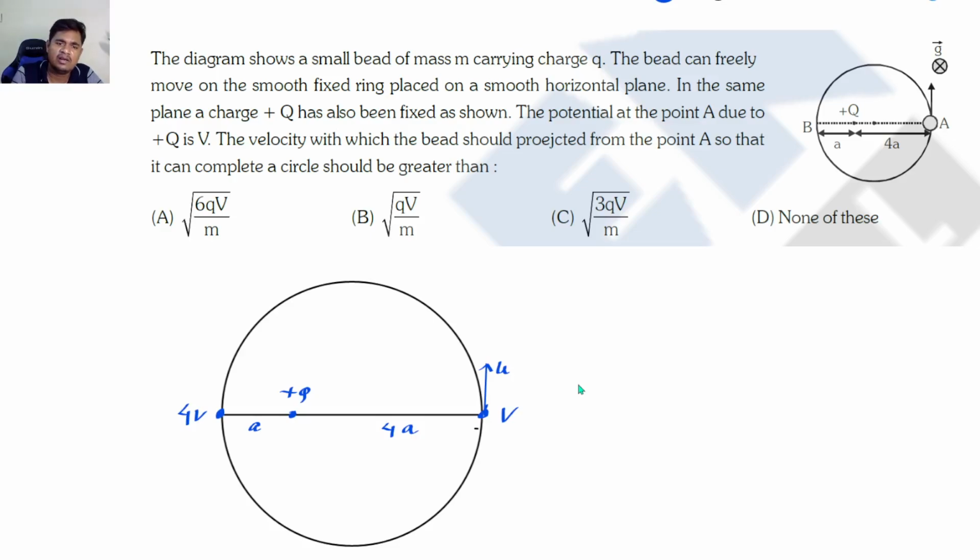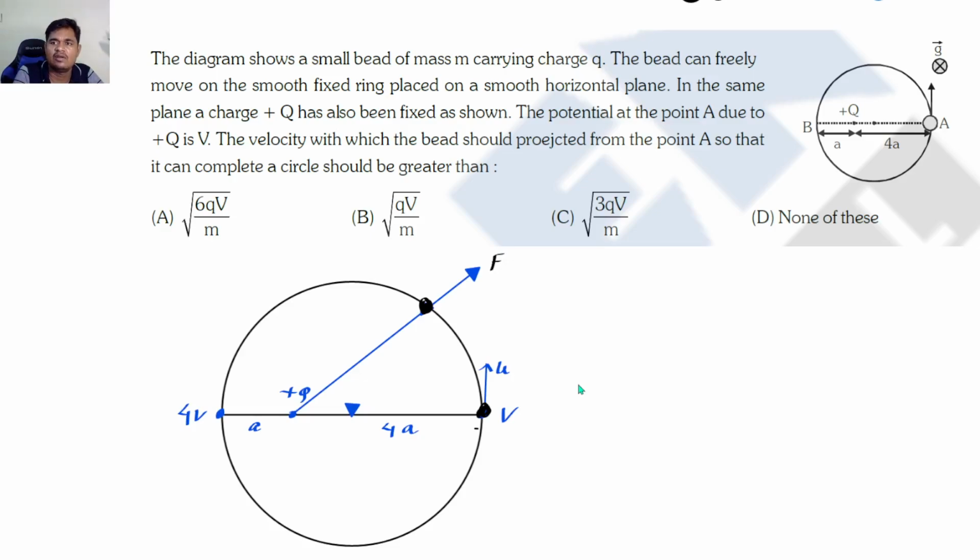So let us take a random position over here, at this point, and this is the center. Due to the charge plus q over here, the charge q at this location experiences a force in this direction.